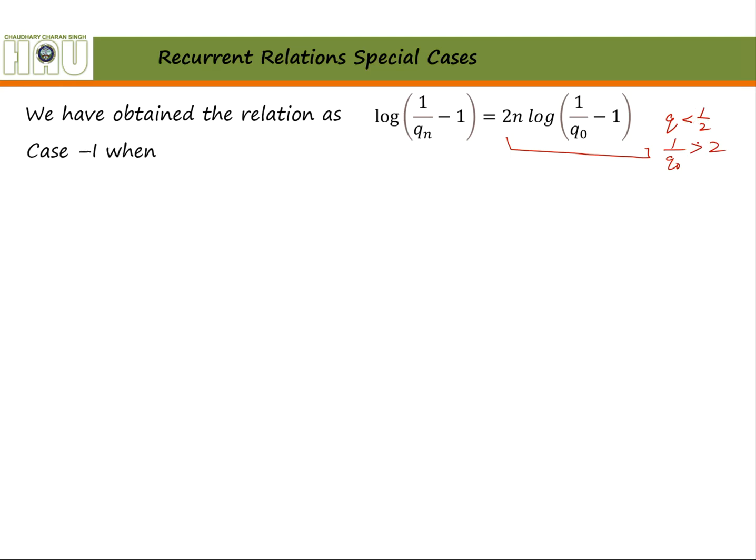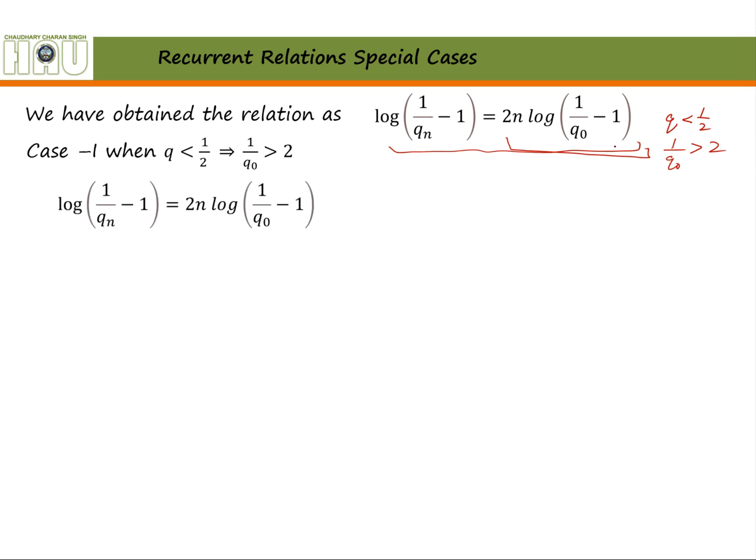So in the first case, when q is less than half, 1/q0 will be greater than 2. Then what is the value of this equation? Log of (1/qn − 1) is equal to 2n log of (1/q0 − 1).